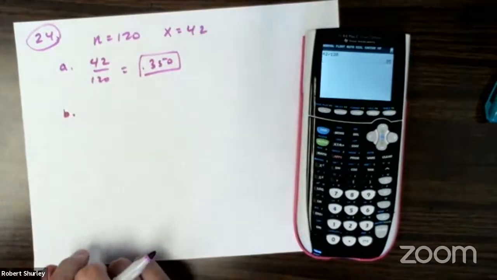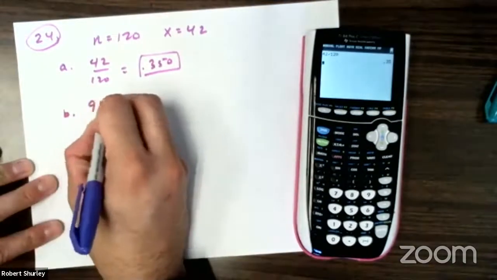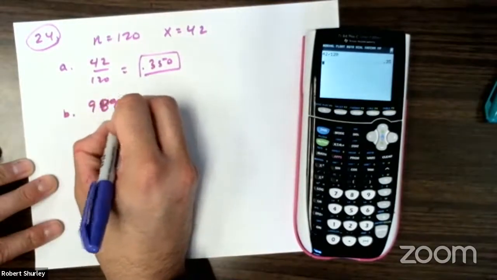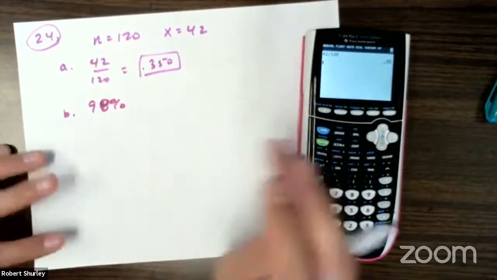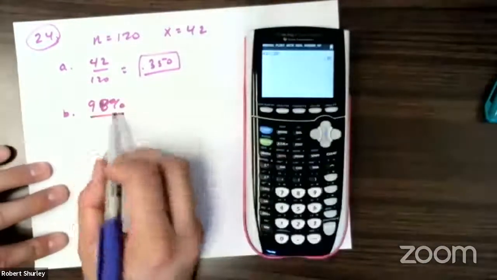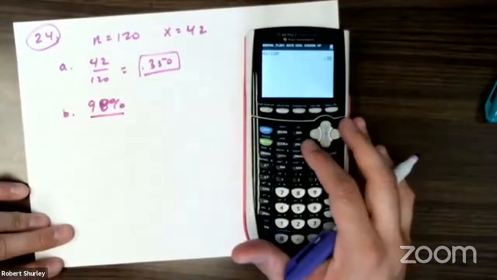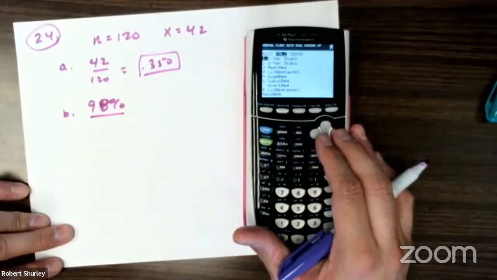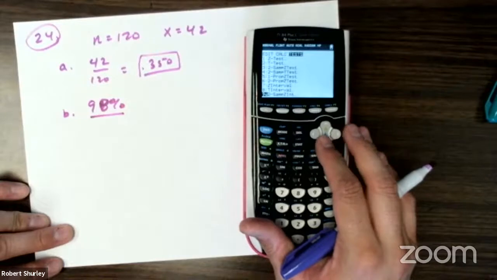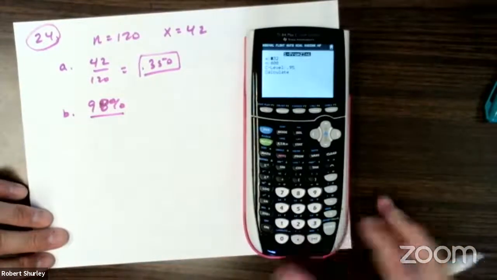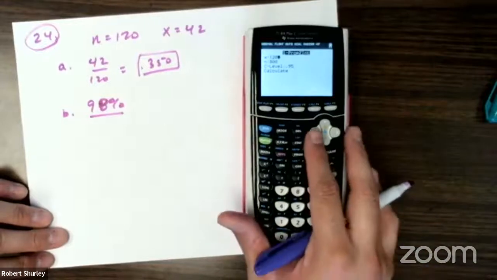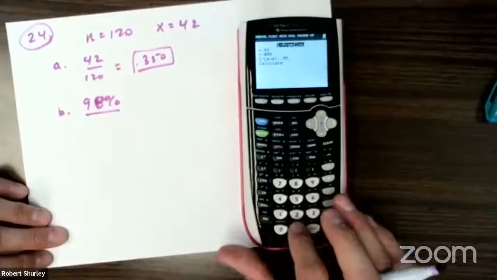B, construct a 98% confidence interval for the proportion of all entering freshmen at the college. Same thing. So now we're going to run that Z proportion test. Stat, tests. Our X value is 42. N is 120.